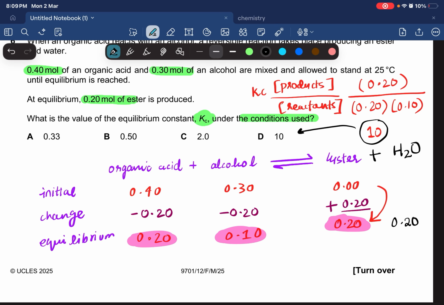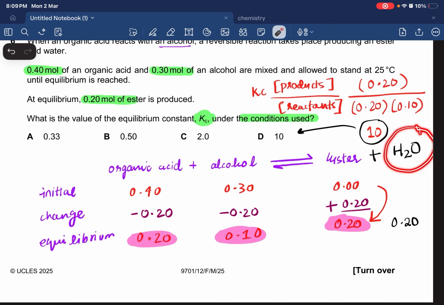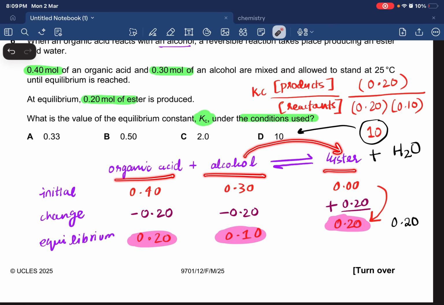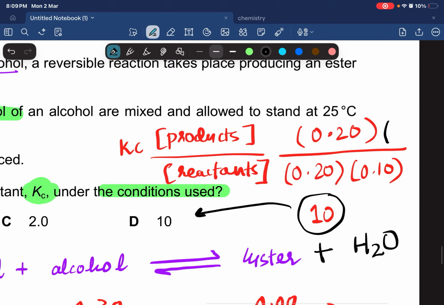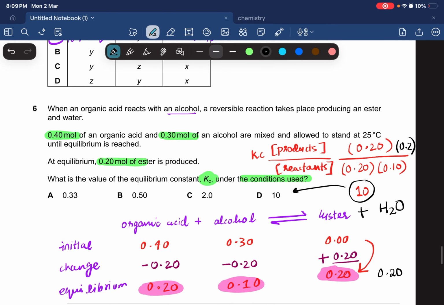And that's a very tricky thing. In esterification you have to remember water formation, and I personally just forgot it. You have an acid, you have an alcohol, it's going to react to make an ester and water. So over here we're going to add the moles of water as well, which are going to be 0.2, and when we solve it, we're going to get option C as the answer. So don't forget the moles of water, they're really important.